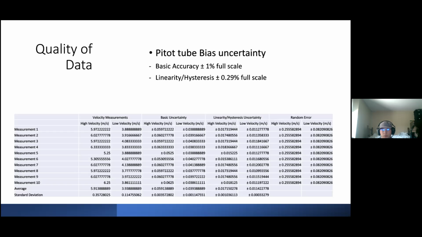And so in the table below, you can see our high velocity and low velocity, and then we calculated the high velocity uncertainty and low velocity uncertainty for both basic and linearity uncertainty by multiplying them by the percentage. And then the random error on the far right is just based on the standard deviation of the 10 measurements. Next slide.